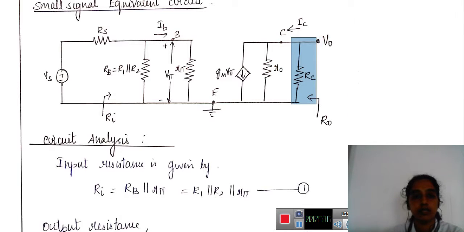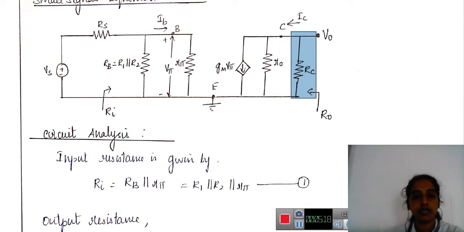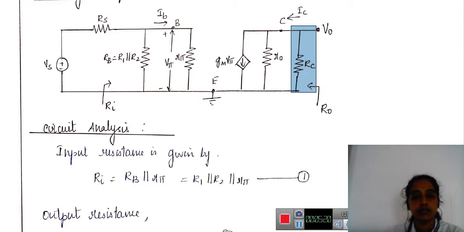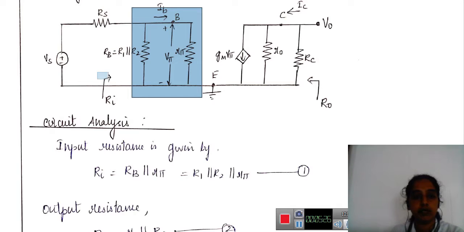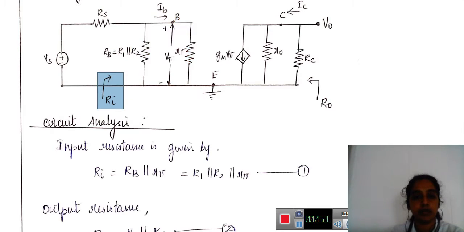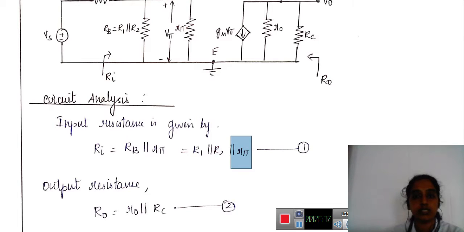So here input resistance Ri. So I can take both resistance Rb and Rpi as my input resistance Ri. I know that Rb is base resistance R1 parallel to R2, which is in turn parallel with Rpi. So what about the output resistance? I have R0 in parallel to Rc.